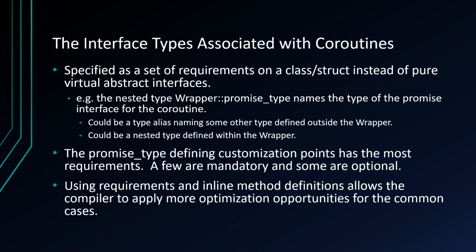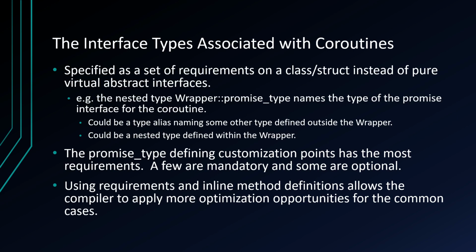And these interface types associated with coroutines are not interfaces in the sense of a pure virtual interface. It's not a concept template argument to the coroutine. You can think of the promise type and the awaitable as defining a contract. There are requirements on the names of methods and the types of the arguments they take and the return type.